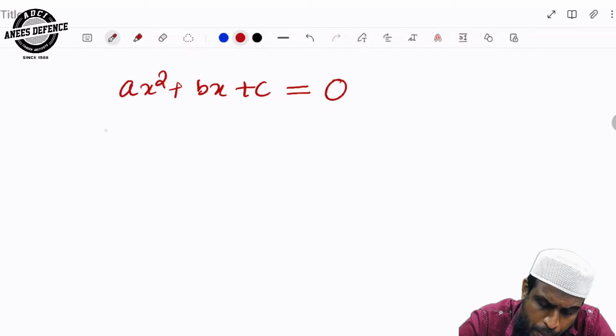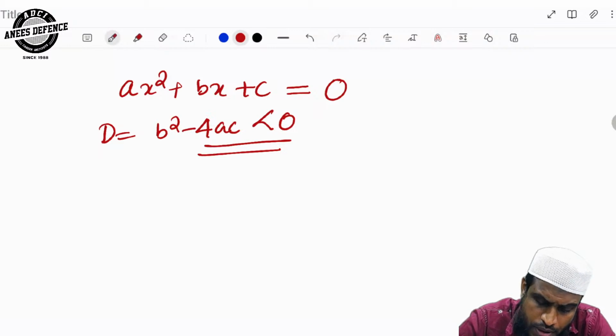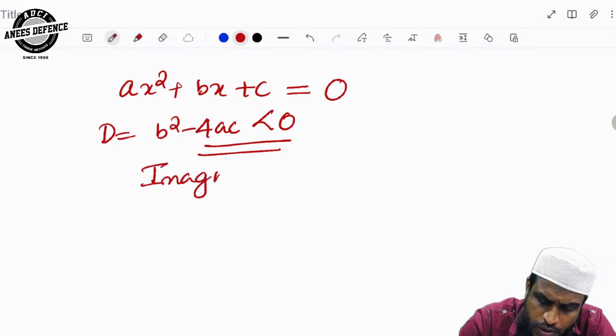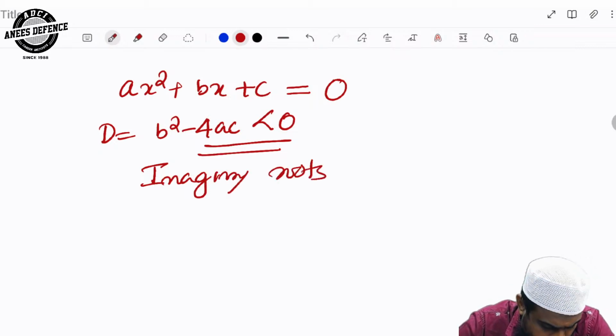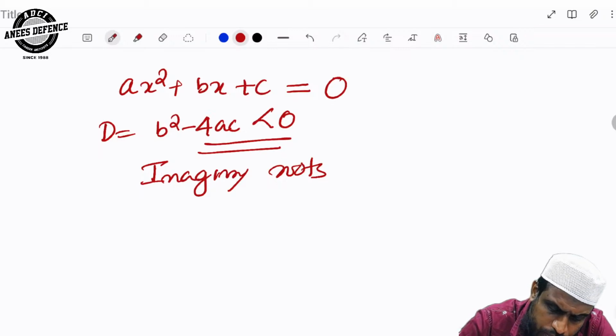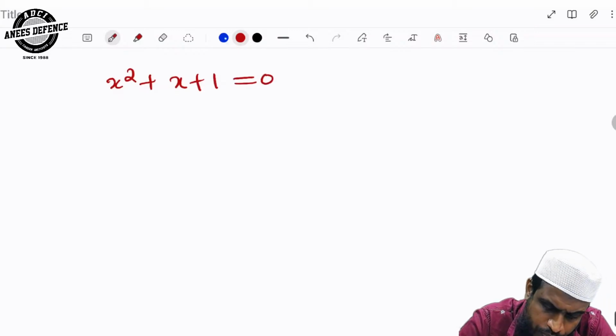So, if the discriminant D equal to b square minus 4ac is less than 0, then we will get imaginary roots. For example, I will give you one example. x square plus x plus 1 equal to 0.